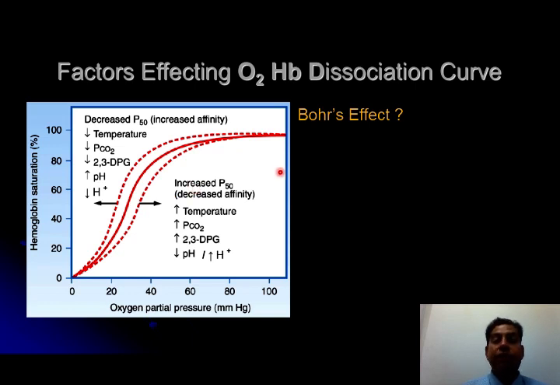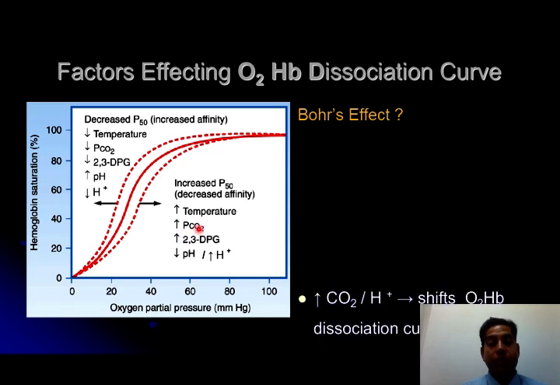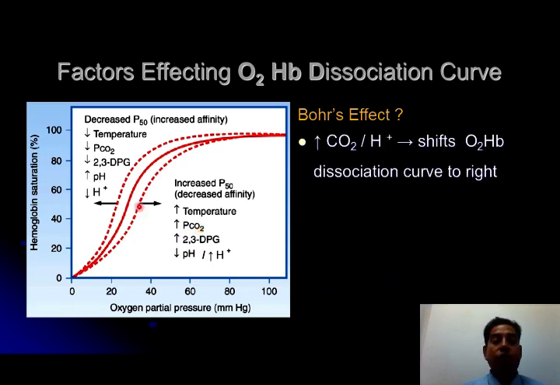So what is the Bohr effect? The Bohr effect is basically the effect of carbon dioxide on the oxygen dissociation curve, which means that if there is an increase in the partial pressure of carbon dioxide, the curve shifts to the right. Whereas in case of a fall in the partial pressure of carbon dioxide, the curve shifts to the left. So what is its clinical importance?